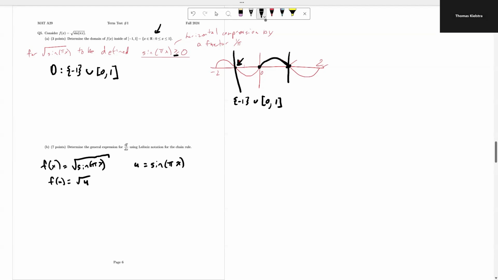And now with my sine pi of x, sine is the outside. This inside piece, I'm going to let v equal pi of x. Then u of v equals sine of v.